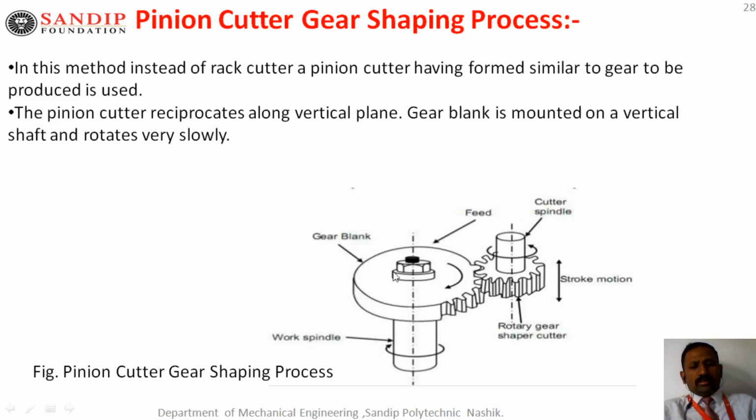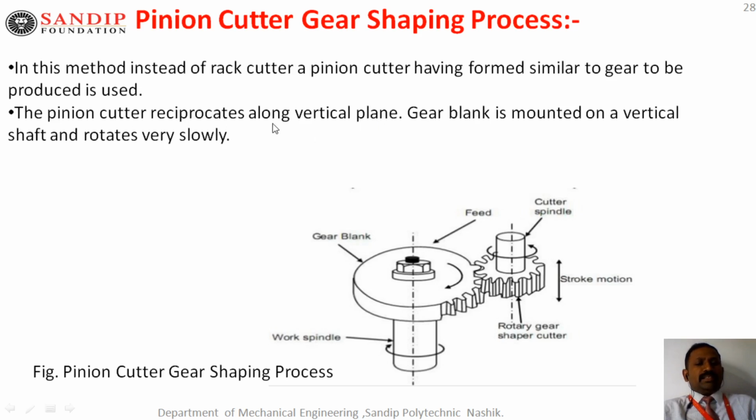Here one gear blank is there, and this is the standard pinion. That pinion has cutting edges. When that pinion rotates and comes under this gap, it cuts the material with the downward feed and generates the teeth on the gear blank. That's why the pinion is the cutter in this process.